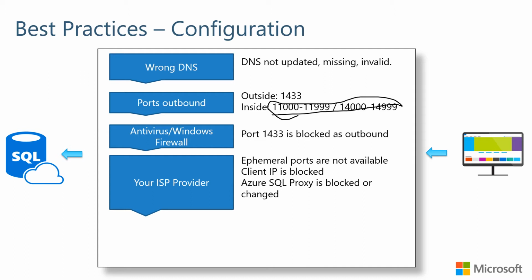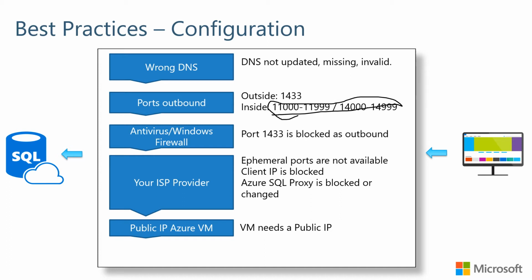And finally, another issue that we have seen is that the IP of the Azure SQL proxy is blocked or changed. For that reason, you need to open the connection to this IP, or always use the name, so the name resolution supplies the IP.